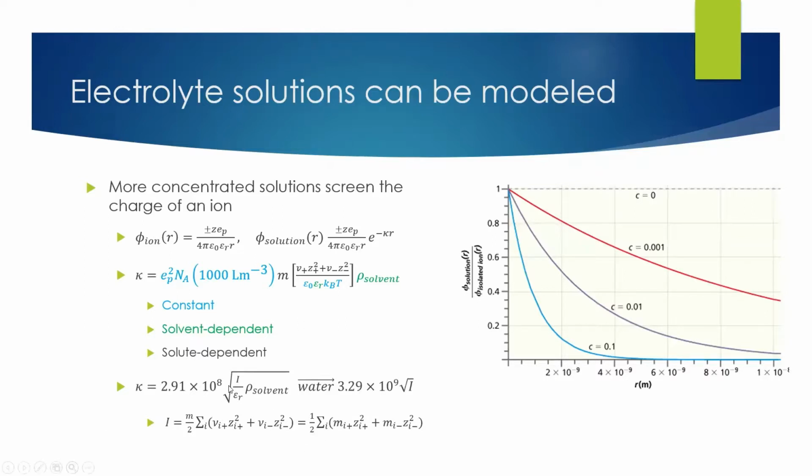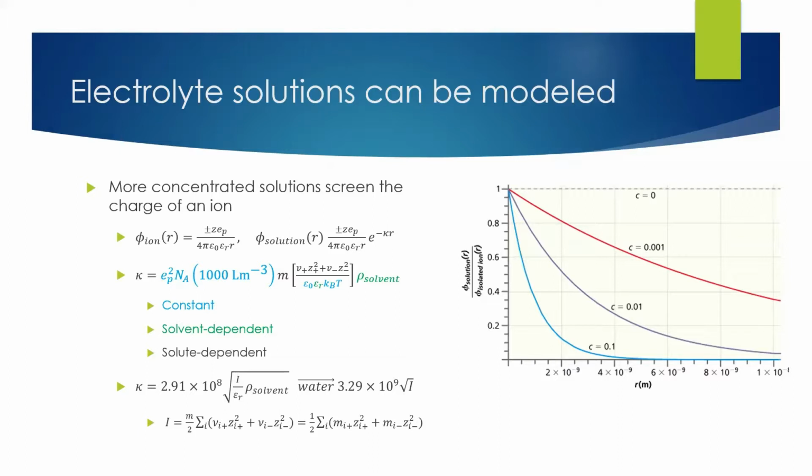We can plug that in for this m times these other terms, and then we only have the ionic strength, which is solute dependent, and the density and the permittivity, which are solvent dependent. If we want to apply this to water, since we often talk about aqueous solutions, we can plug in the density and the permittivity of water to get 3.29 times 10 to the 9th times the square root of the ionic strength.